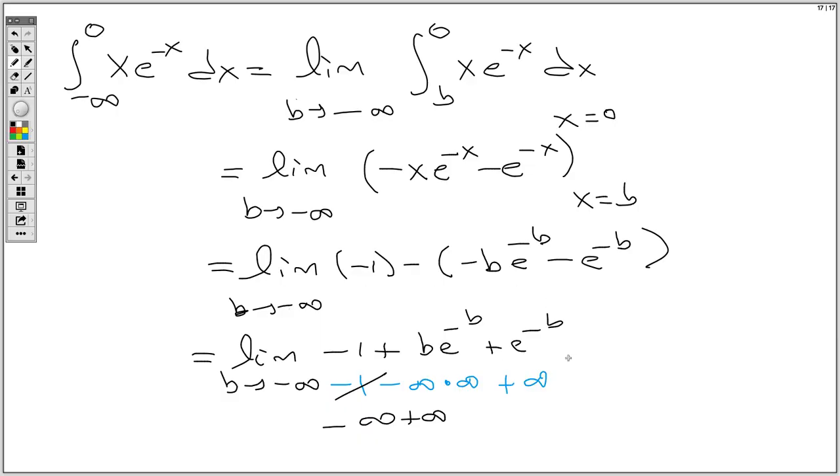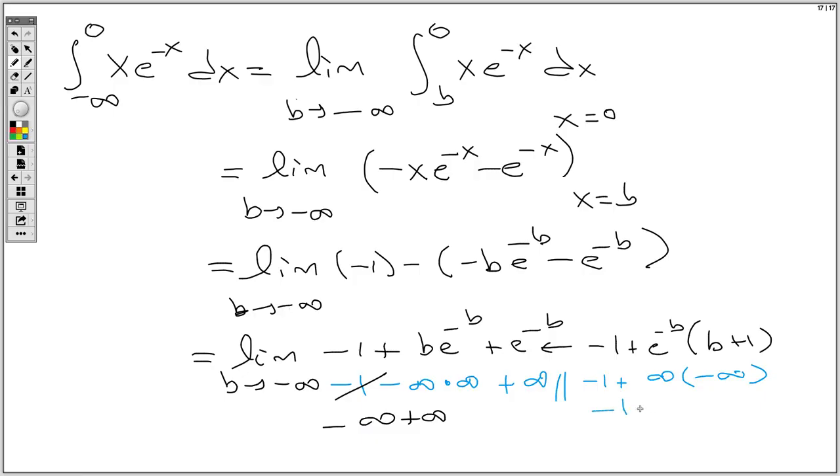So what I could do is factor out and rewrite this as negative 1 plus e to the minus b times b plus 1. And this will kind of help us out. So I have a negative 1 plus infinity times negative infinity.